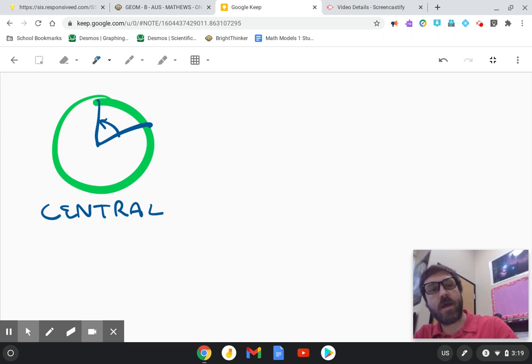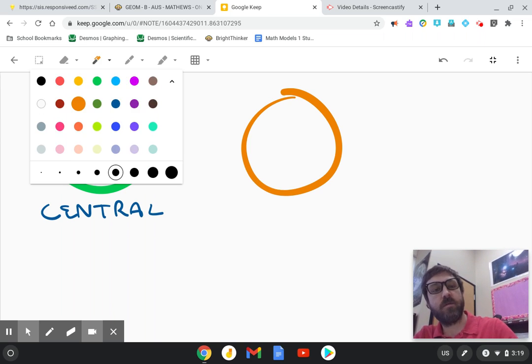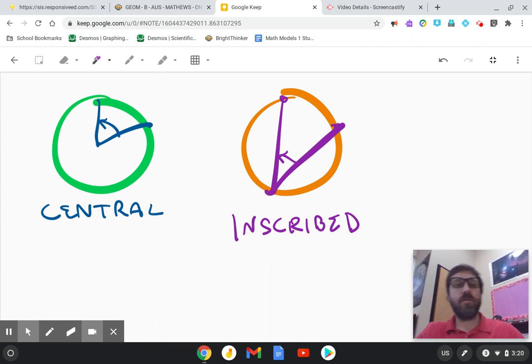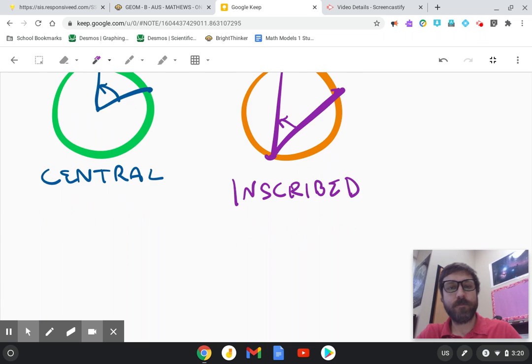And then, of course, we had what we did last lesson, which was inscribed angles. Inscribed angles are angles like this one that have points on the circle. So these are the two types we've talked about so far.